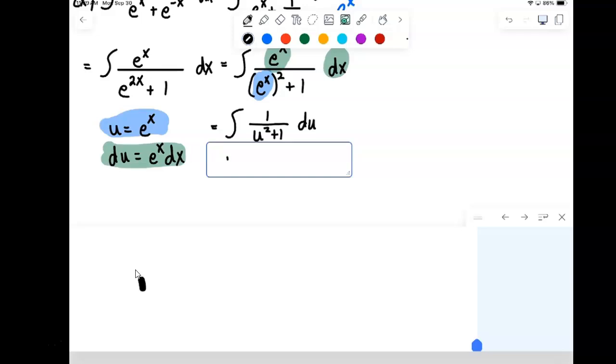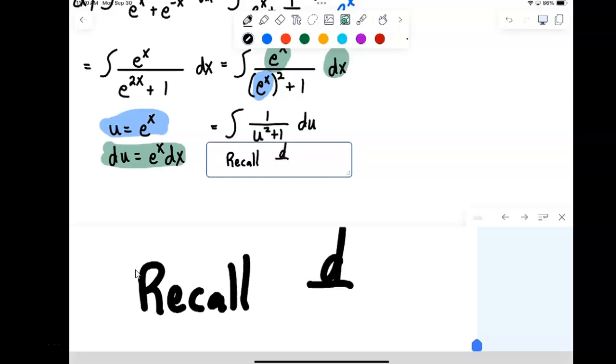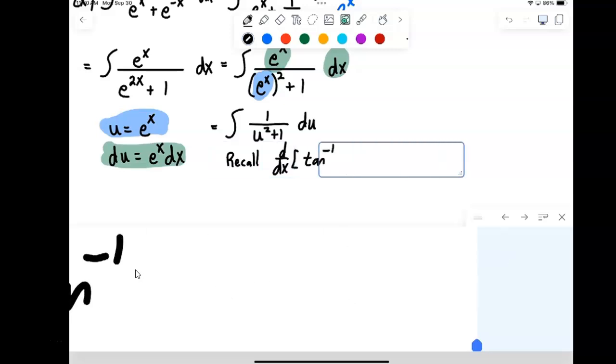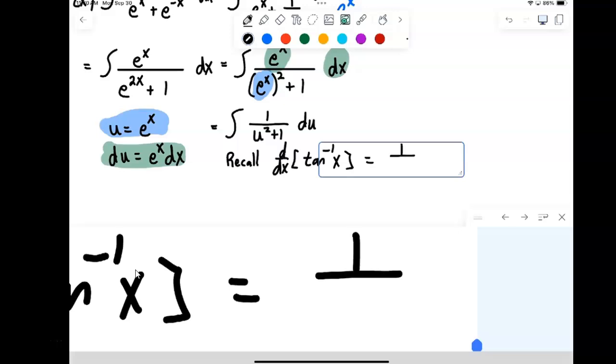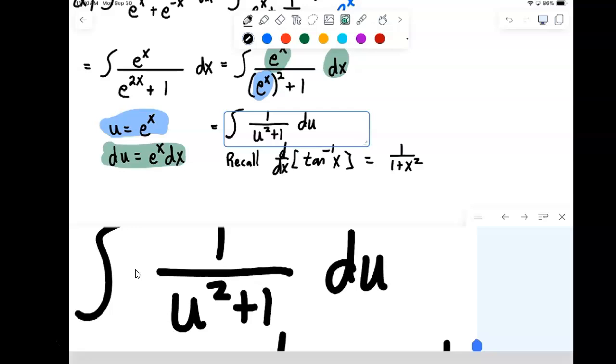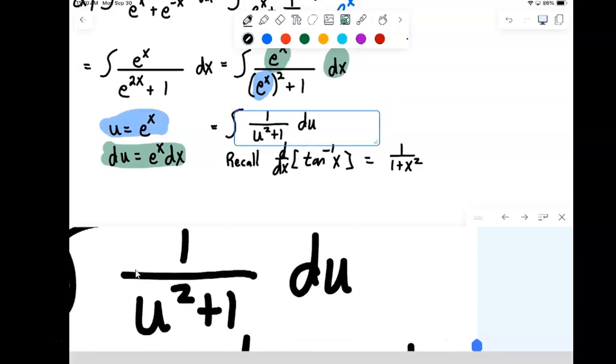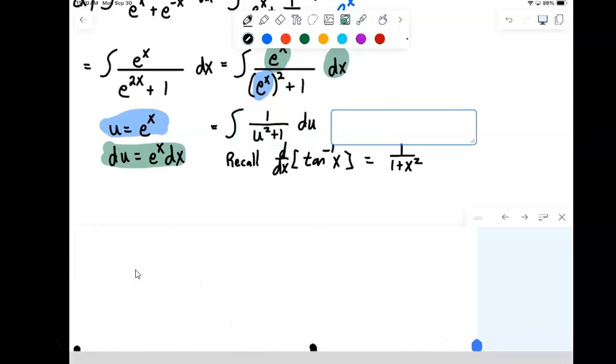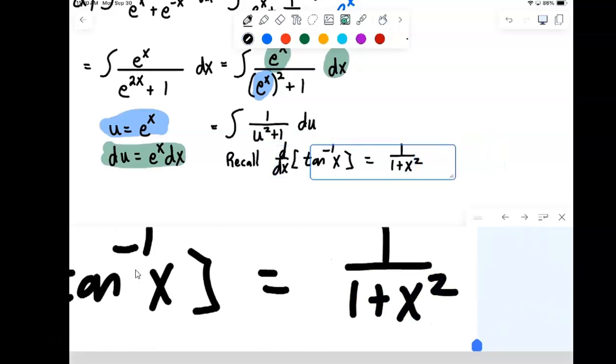Well, for now, we have to just remember that the derivative of the inverse tangent function is 1 over 1 plus x squared. For now, we just have to remember that. So this is actually an inverse tangent. So we just have to remember that derivative.